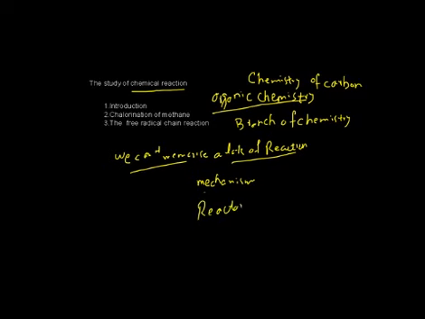Reactants in a chemical equation are written on the left hand side, and on the right hand side there are the products. So how these reactants are converted into the products, the way followed by the reactants to convert into products, is called mechanism.